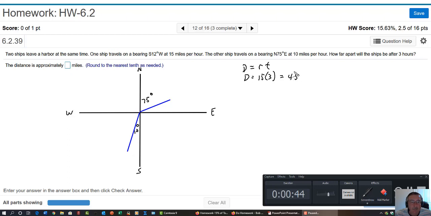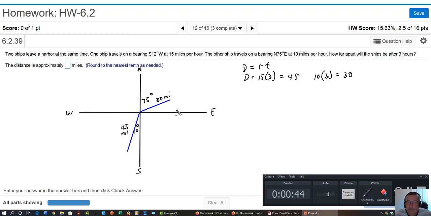So this ship has gone 45 miles in the southwesterly direction. The other ship that's going north 75 degrees east would be 10 times 3 or 30 miles. So if you multiply miles per hour by hours, you will get miles here. So this ship at this bearing has traveled 30 miles.